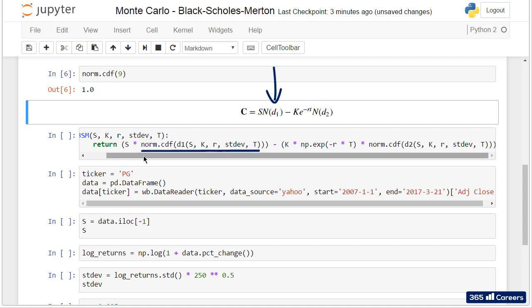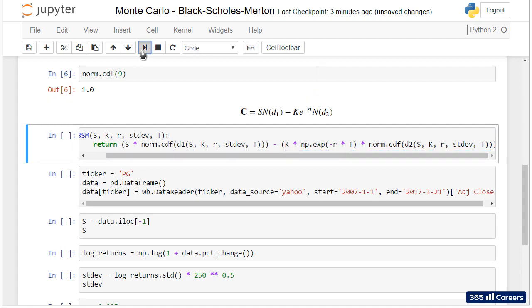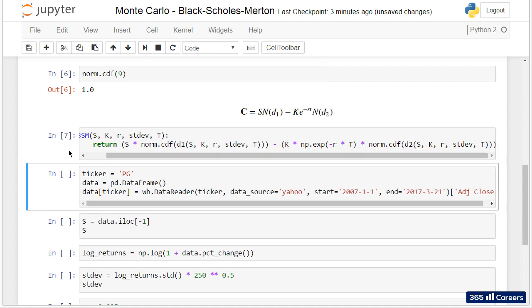It is multiplied by the stock price, S. From this amount, we must deduct the product of the strike price, K, e to the power of minus the risk-free rate times T, the time horizon, and N of D2, which translates into the value of the cumulative distribution function with an argument the function D2. From a Pythonic perspective, this is an example of how we can use a function within another function.